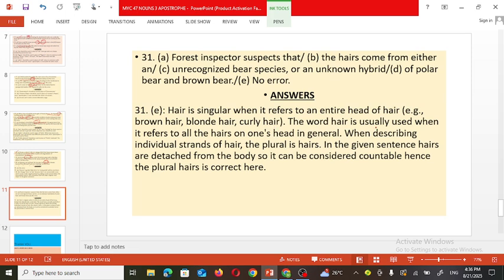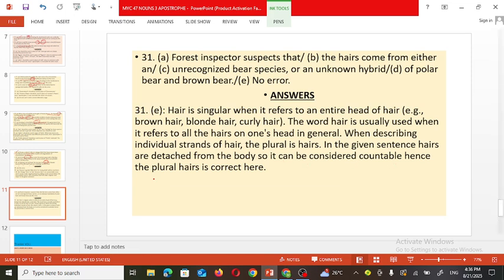The word hair is usually used when it refers to all hairs on one's head. When describing individual strands of hair, the plural is hairs. In the given sentence, hairs are detached from the body, so it can be considered countable.